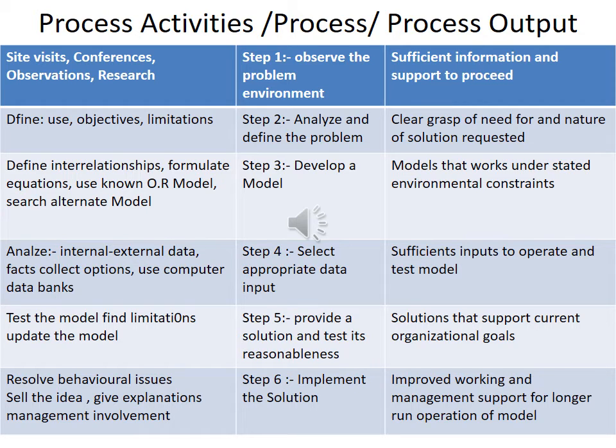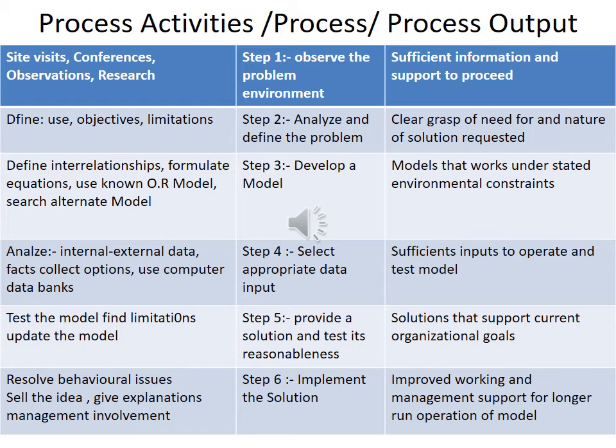And if we are conducting research, then we have to know the limits, its objectives, and its uses. So the first important process activity in an operation research study is to visit the site. You have to be there in the conference. You have to observe the things by yourself. You have to research on your own.